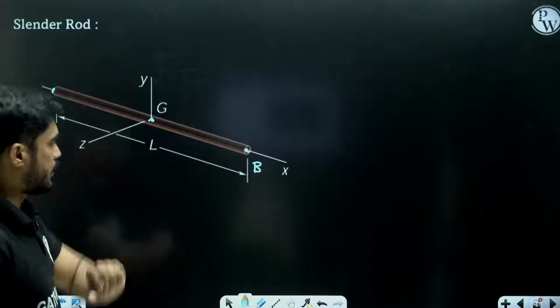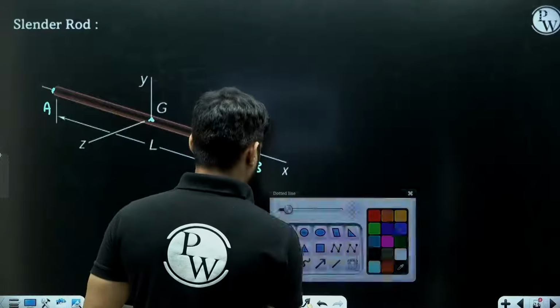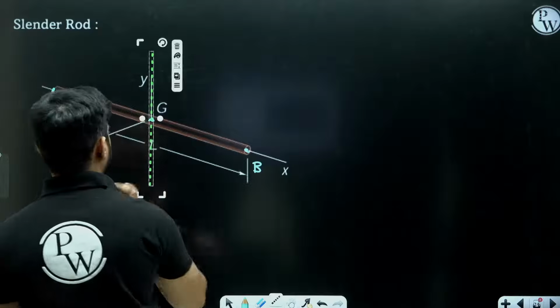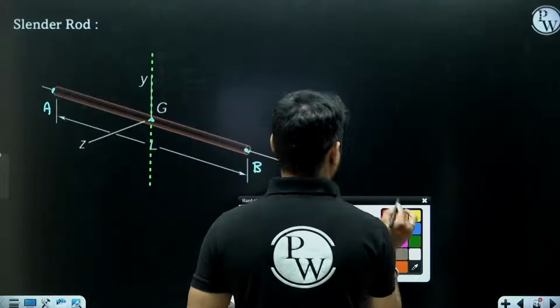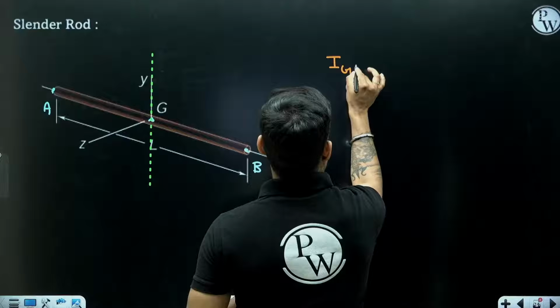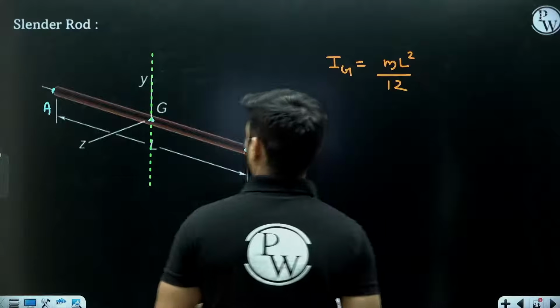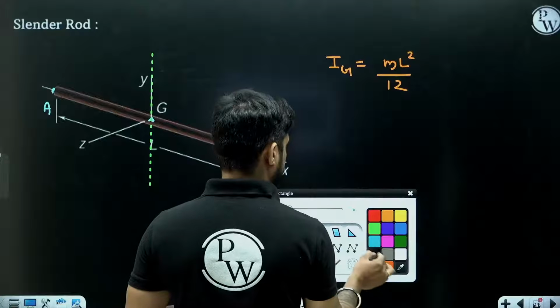If you consider the mass moment of inertia about an axis passing through the center of gravity, it is given by ml square by 12. Length is L, mass is m.